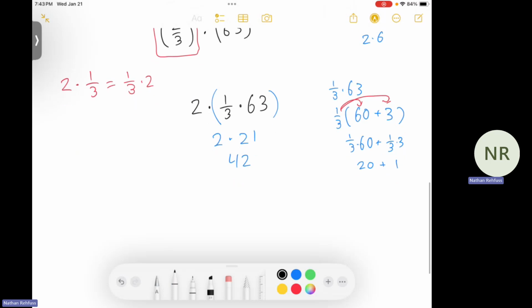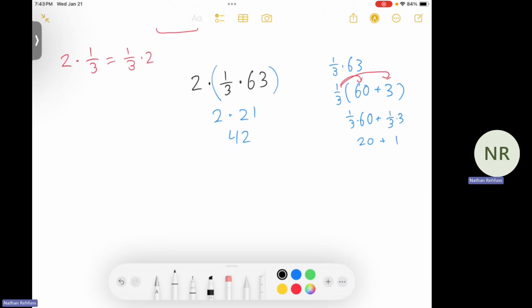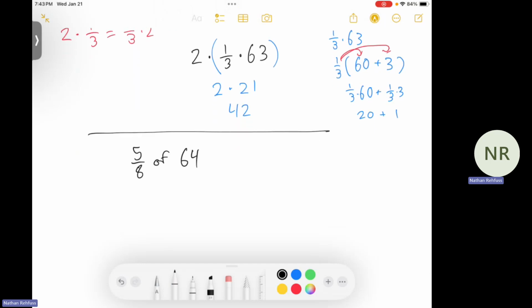Okay, so if I had to write what is 5/8 of 64, I don't want to multiply 64 by 5 right away. You might have learned in school to do it like this. 64 is the same as 64 divided by 1, and then we multiply across.